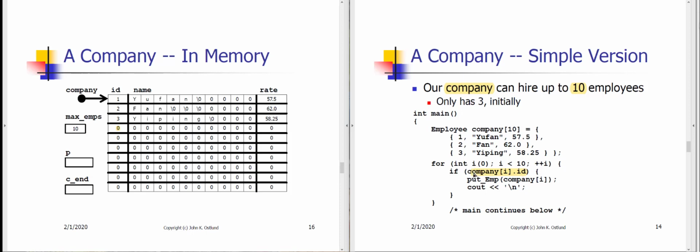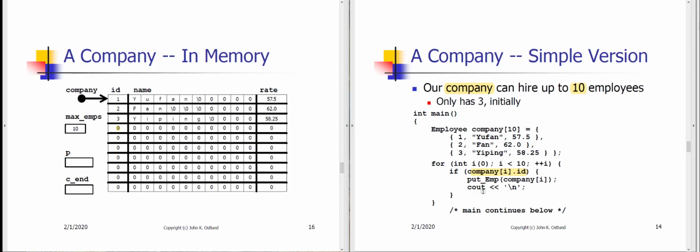All right, so the first time through, company sub 0.id is going to be 1. And we do want to display the information about this employee, company sub 0. Then we'll increment our counter. The counter is still less than 10. Company sub 1.id is a 2, which is non-zero, so we'll display information about the second employee and go back and display information about the third employee, and that's it.